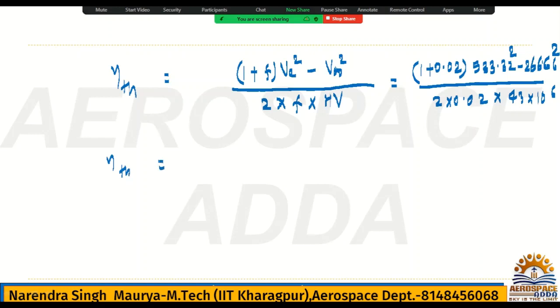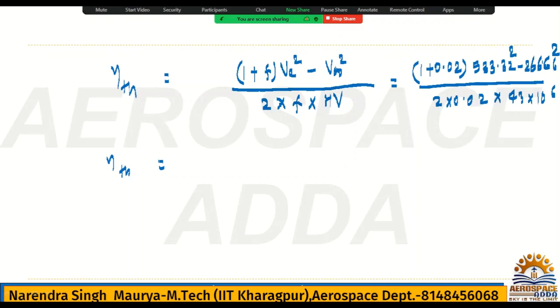So if you calculate this value, what will you get? Do it. So 1.02 into 533.32 square minus 266.66 square, divided by, in bracket, 2 into 0.02 into 43 megajoule.